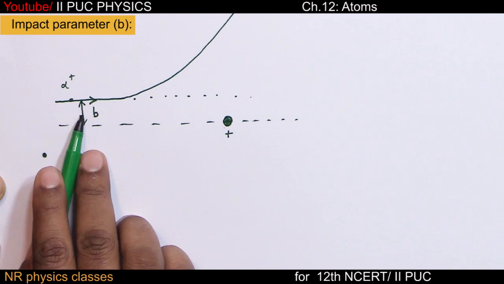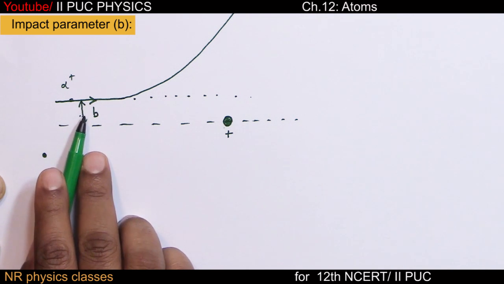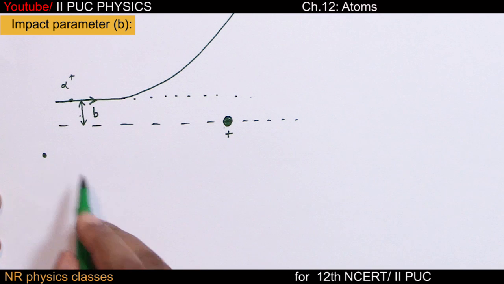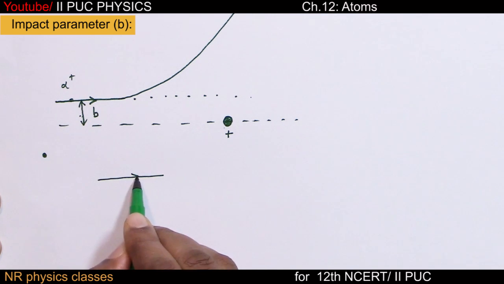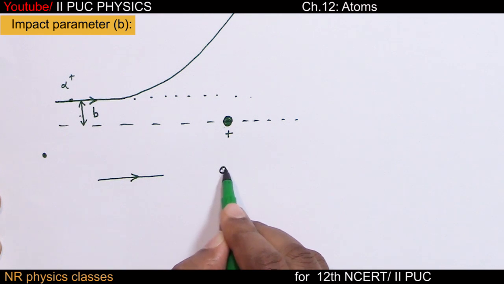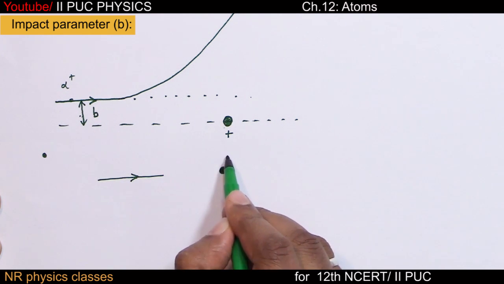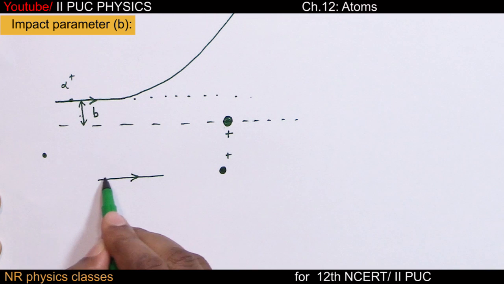I hope you understood. Suppose impact parameter is minimum or 0. Impact parameter is 0 means if this is the direction of the alpha particle, this is the nucleus. Students, can you guess what happens to the alpha particle?